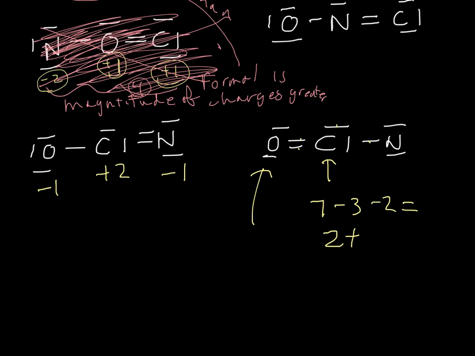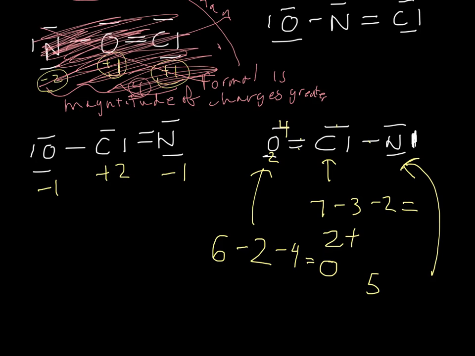Oxygen in this structure, however, is going to be 6 valence electrons because oxygen's in group 6A. It's participating in 2 bonds, and it has 4 lone electrons. So its formal charge is going to be 0. Then we've got nitrogen, 5 valence electrons. Now I forgot to draw on a pair of electrons when I drew that Lewis structure there.